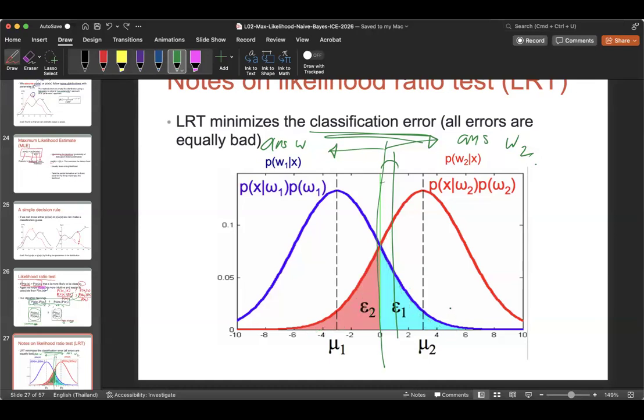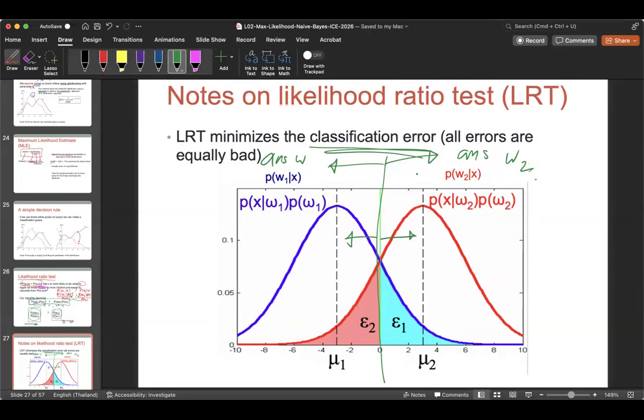If I move this green line either way, left or right, my area will increase. So from this proof by looking, the likelihood ratio test minimizes the classification error. This is the best you can do by just comparing the distributions.